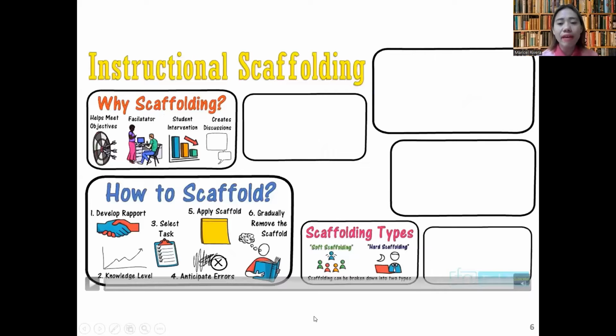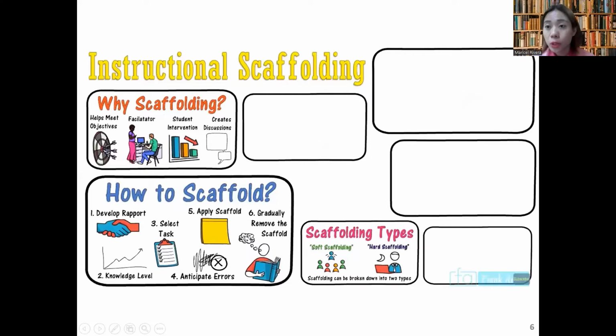So when we say scaffolding, it's actually guiding the learner step by step. But when the learner already can do it, we are going to remove it because they are now ready to do things on their own. So for example, we scaffold our learners. How to do that is we develop a good relationship with our learners.